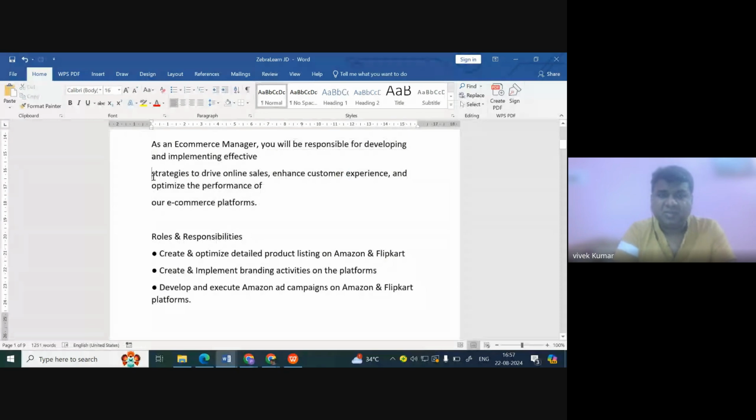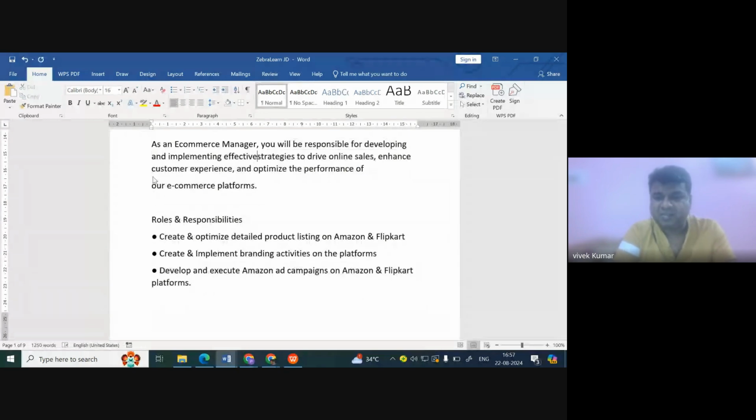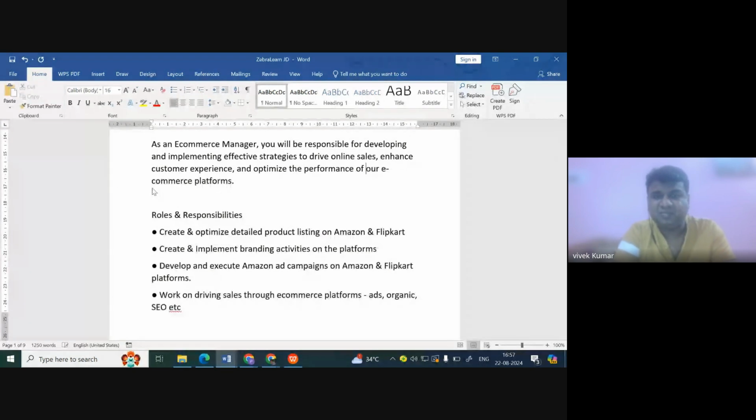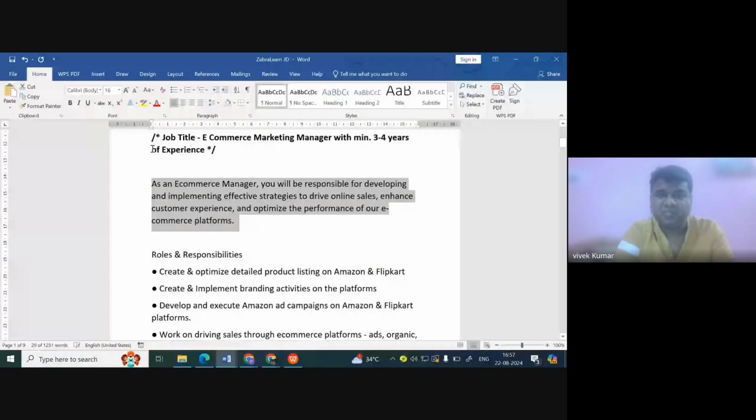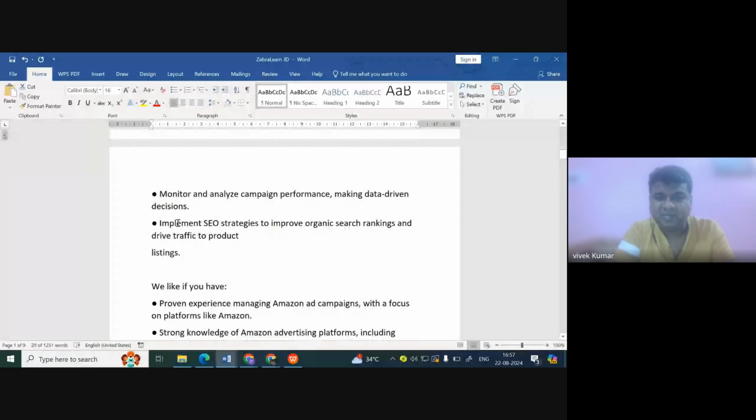What do you think about this job specification? Do you think it's complete or incomplete, this part? I mean, there are a lot of other details, by the way, but I'm just talking about this part.